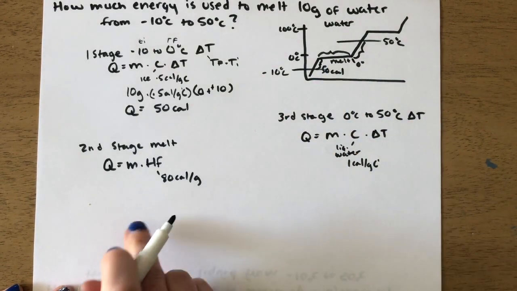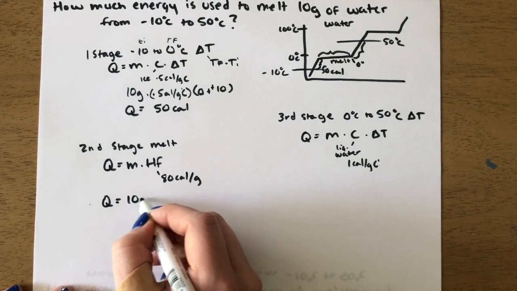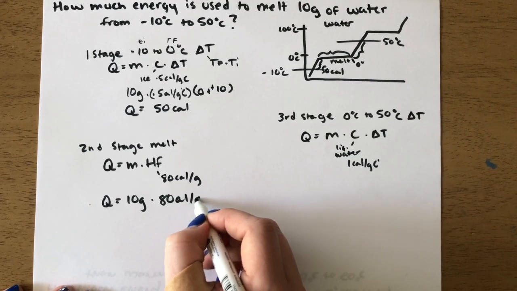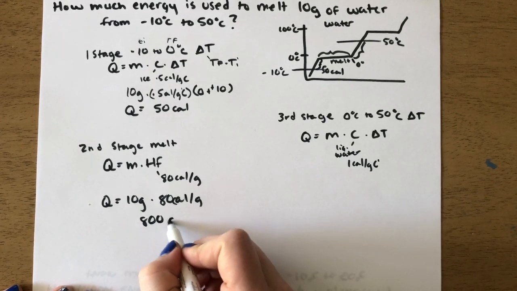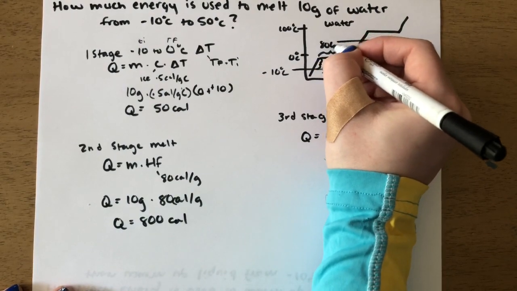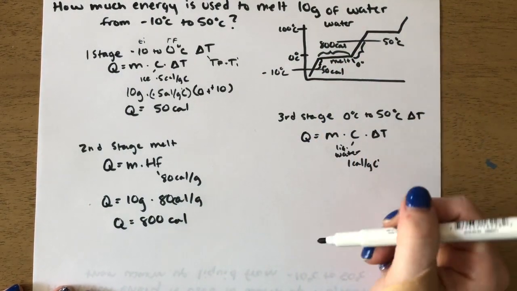Okay, stage 2, we have to melt it. So we're still using 10 grams. We're multiplying by the 80 calories per gram. So that's 800 calories of energy used at that stage. And then our last stage, we're going from 0 to 50.